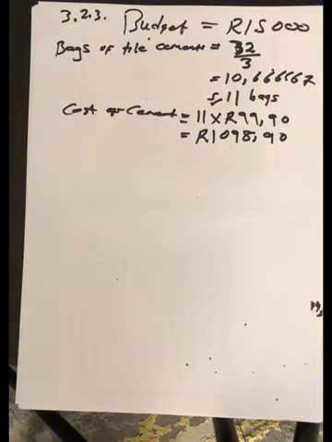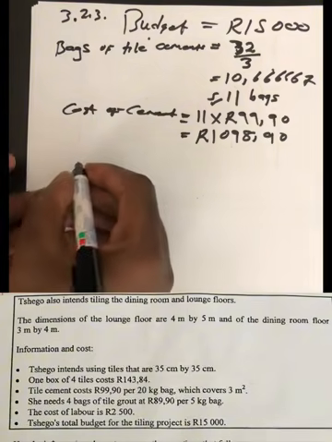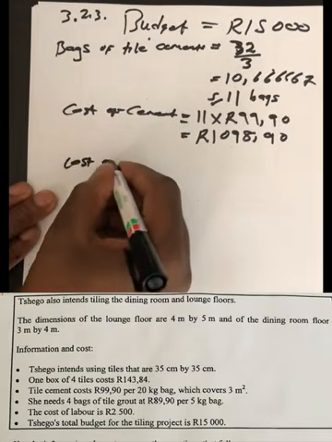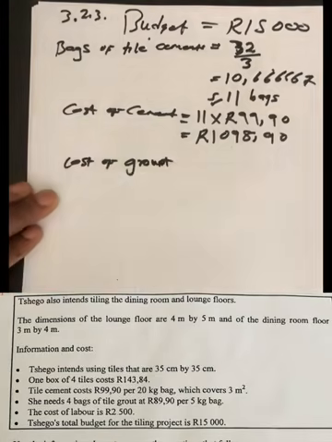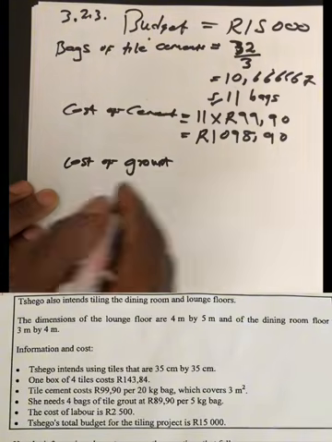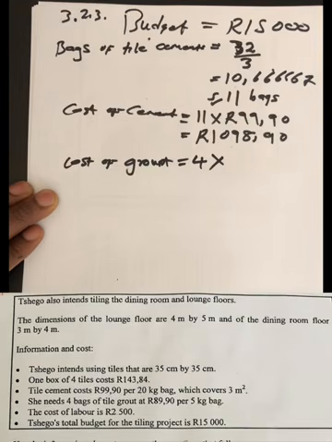Another thing that she must buy is the grout. 4 bags of grout. We know that the cost of grout is equal to 4, she said she needs 4 bags, multiplied by the unit price. How much is the unit price then? It's 89.90 rand.